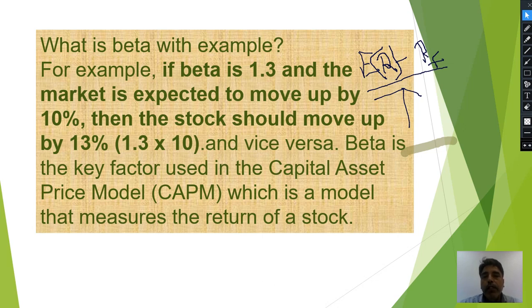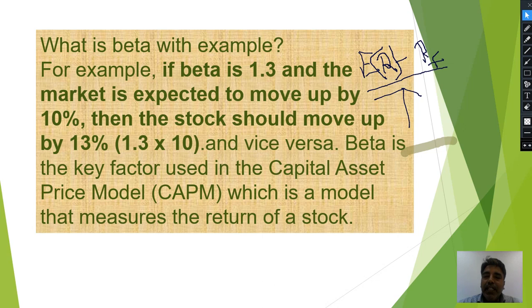Vice versa means the reverse also. For example, the beta is 1.3 and the market is expected to move down by 10%. So the stock is likely to move down by 1.3 multiplied by 10, that is 13%.